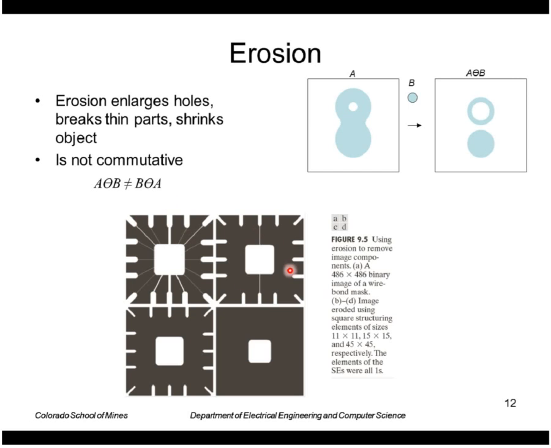Here is the result of eroding by a structuring element of size 11 by 11. These thin lines are smaller than 11 by 11, so they disappear, and everything else shrinks. Using a larger structuring element, I even get rid of the thick lines, and with an even larger structuring element, I get rid of all this stuff on the outside. So it destroys anything smaller than the structuring element.